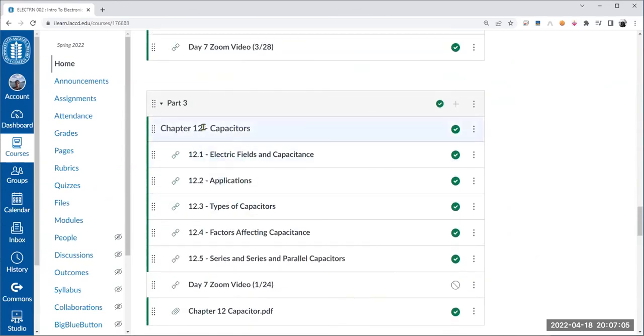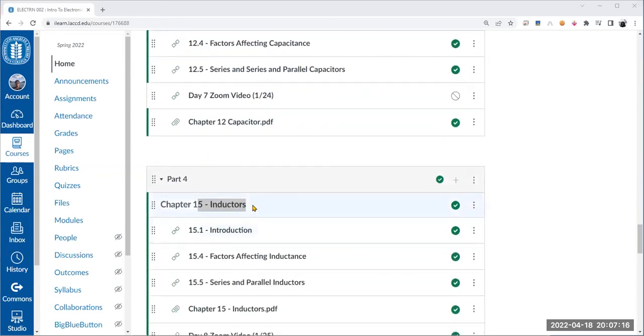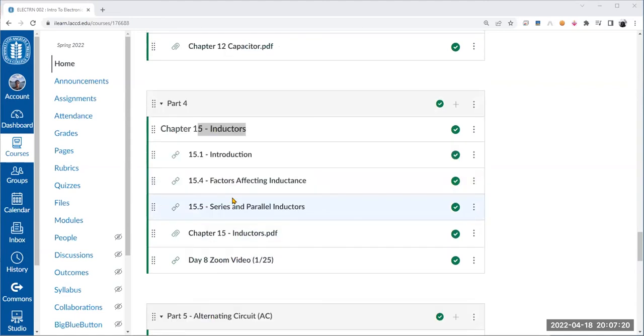So today we finished chapter 12. Today is April 18th. And 1 week from now, that's April 25th, next Monday, we will finish chapter 15. We do have class next week. And then after finishing chapter 15, I make test 2 available.